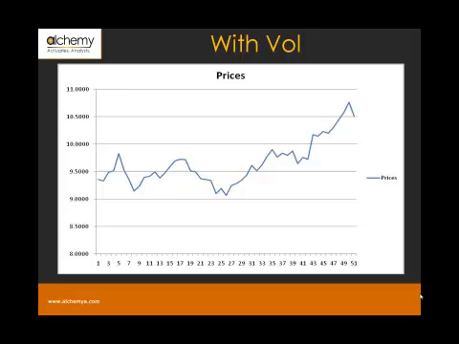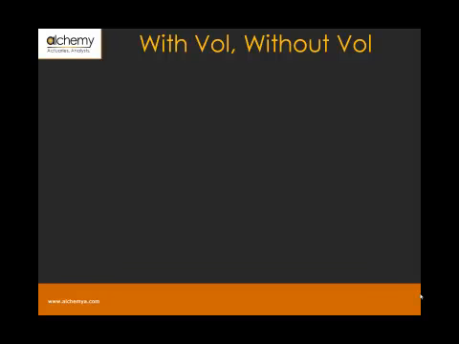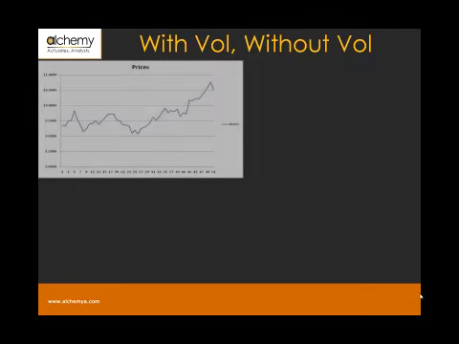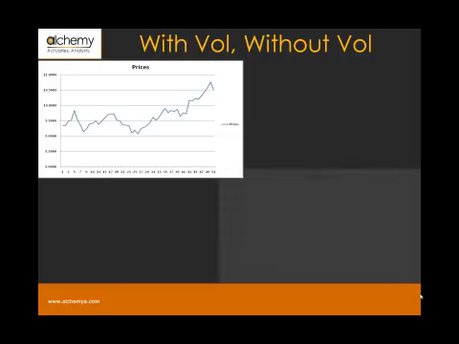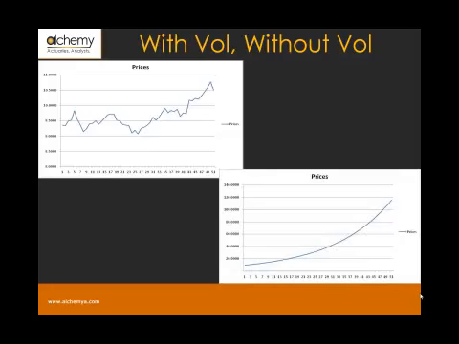Things go up, come down, go up, come down, go up, come down. So quickly, here's the trend with volatility, with uncertainty. Here's the trend without volatility, without uncertainty. Certain, uncertain.